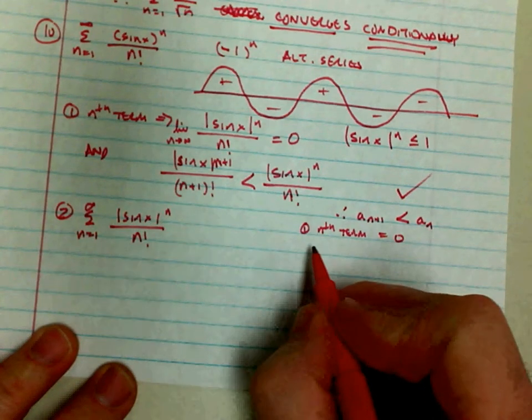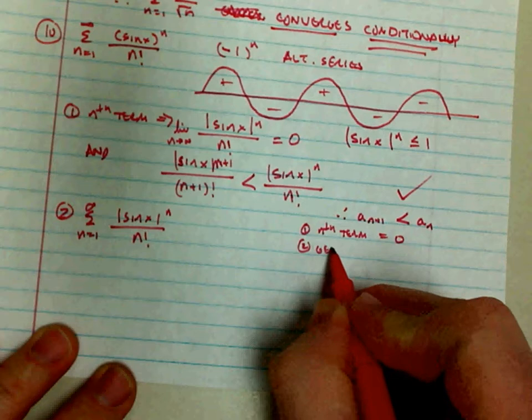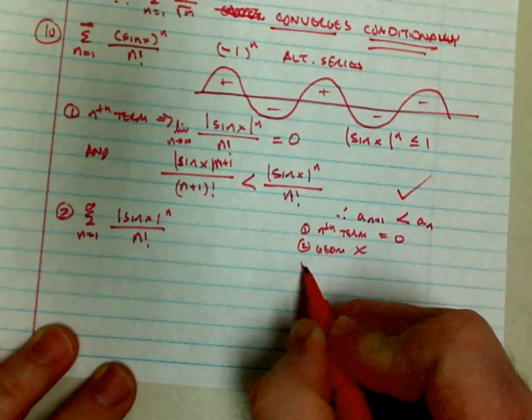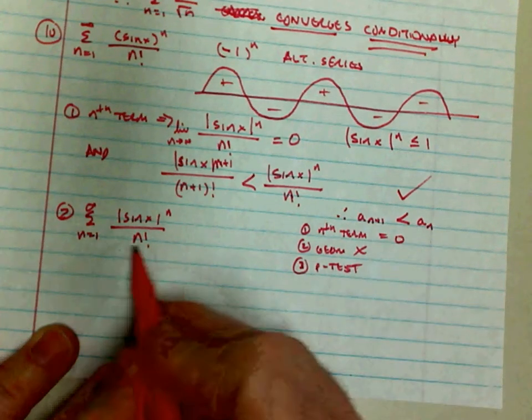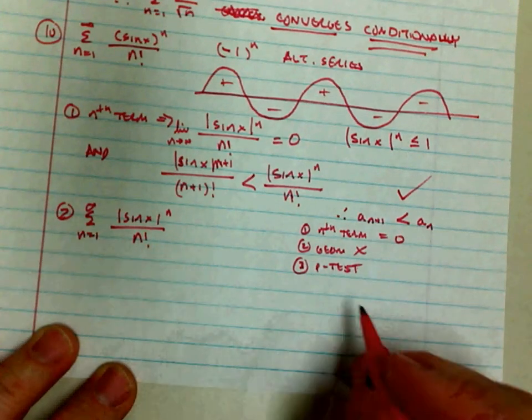Geometric, not even close. P-test, not even applicable here. We're back to our ratio test.